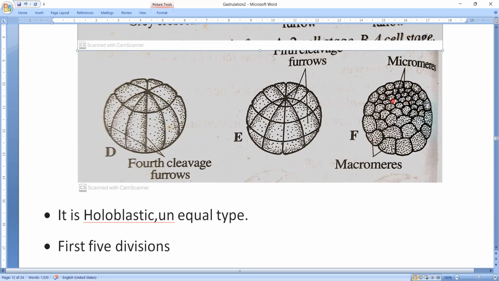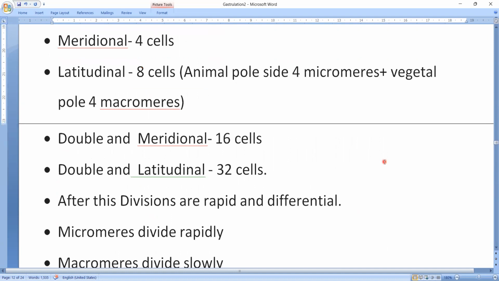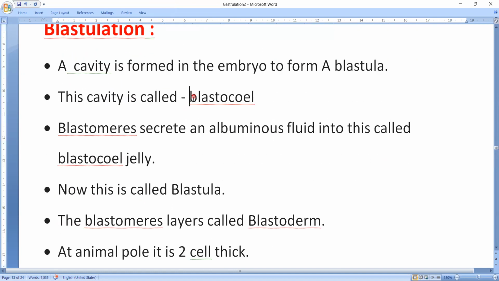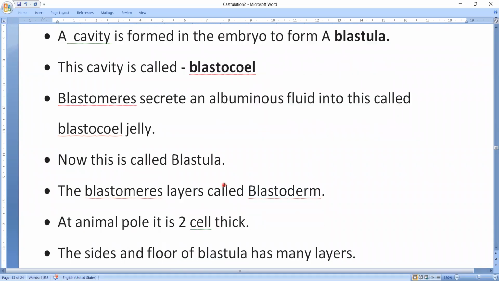Due to that, a central cavity is formed in the embryo to form a blastula. That cavity is called blastocele.